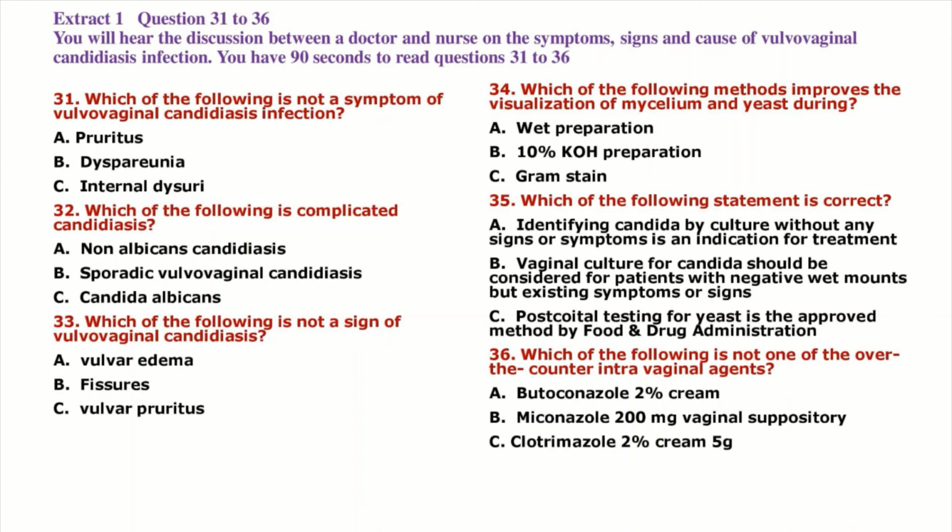Complicated vulvovaginal candidiasis includes recurrent vulvovaginal candidiasis, severe vulvovaginal candidiasis, non-albicans candidiasis, and women with diabetes, immunocompromising conditions, debilitation, or immunosuppressive therapy.